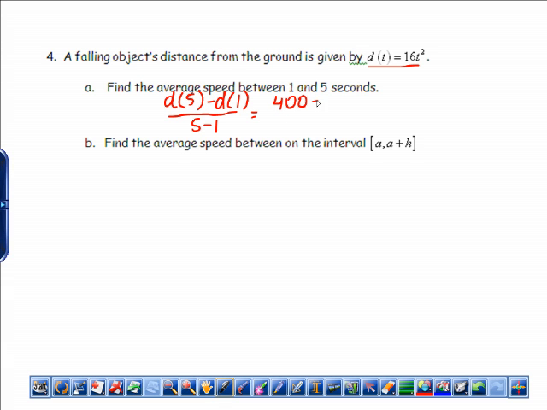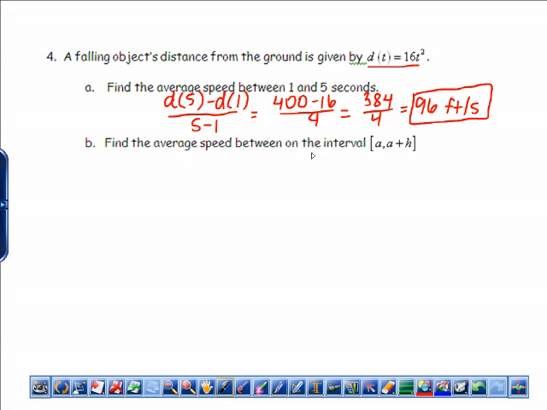And if you plug 1 in, it'll just give you 16. 5 minus 1 is 4, so this becomes 384 over 4, which is 96. Now we do want to use units, and that's going to be feet per second. And so the average speed, the speed is changing. Gravity is causing some acceleration here, but the speed is changing. But between 1 and 5 seconds, the average speed is 96 feet per second.